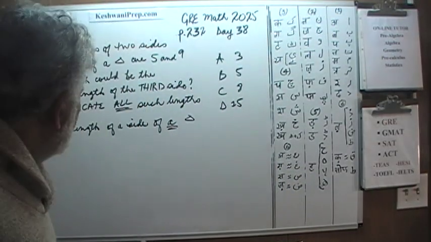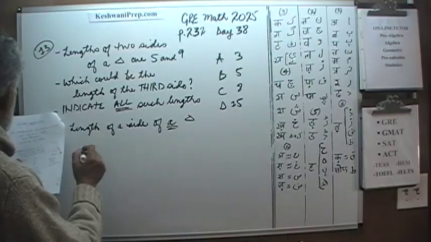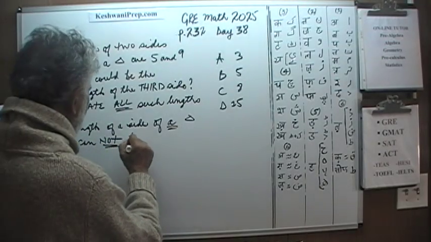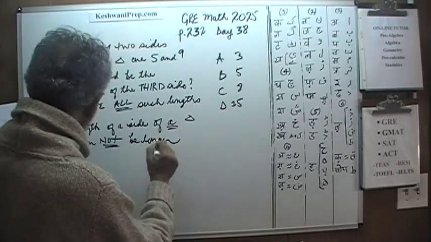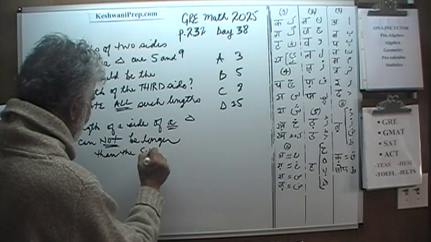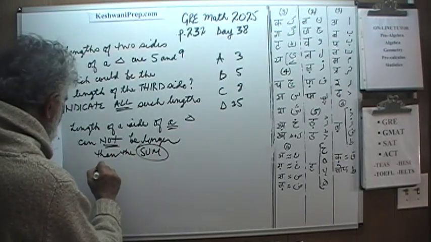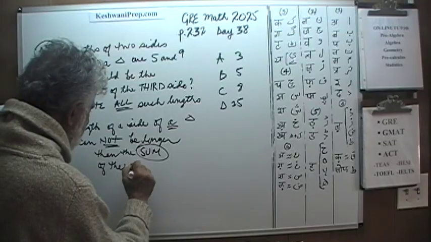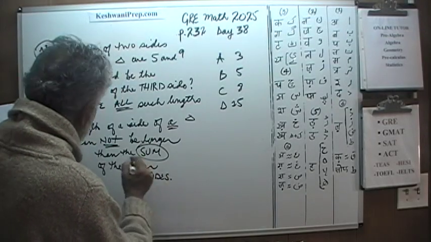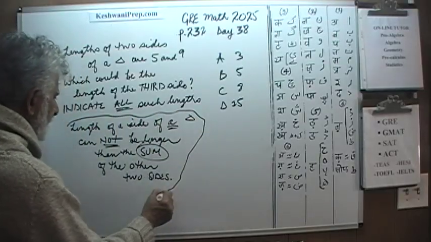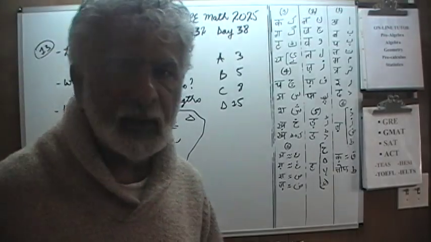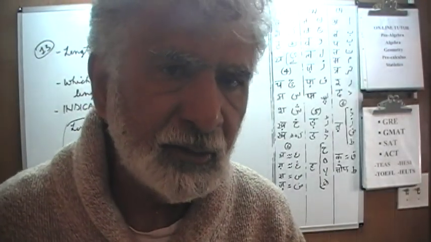In any triangle, the length of a side cannot be longer than the sum of the other two sides. That's what we have to understand. In any triangle, no side can be more than the sum of the other two sides.